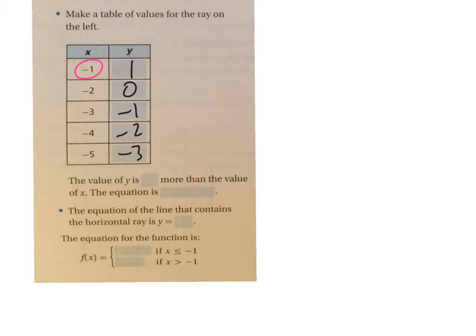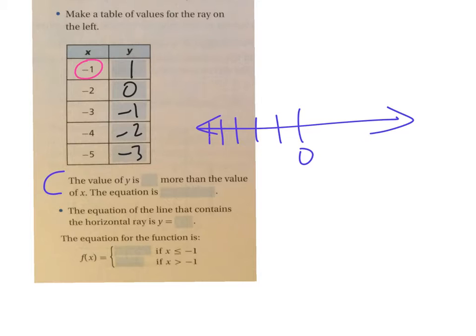Now, let's take a look at this statement here. The value of y is blank more than the value of x. Well, if you take a look at this, the value of y is actually 2 more than the value of x. So if you look at a number line, 0, 1, -1, -2, -3, -4, -5. 1, 2, 3, 4, 5.